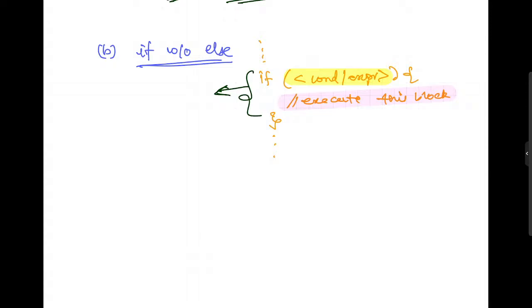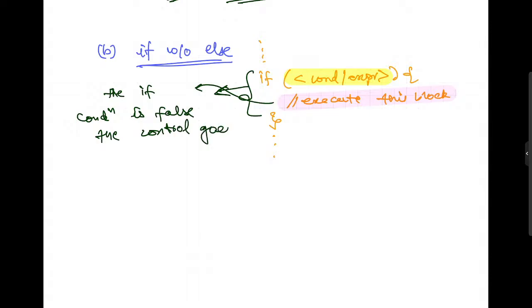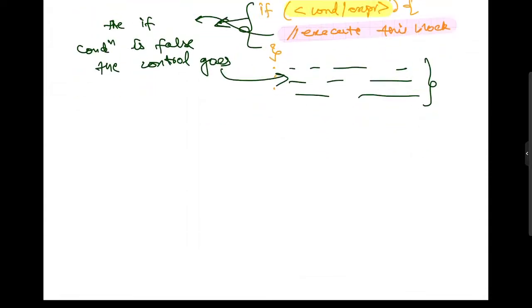If the if condition is false, the control goes here and starts executing from this place, whatever code is here. There is no else here, so it will not go to an else part. That is the main idea behind this.